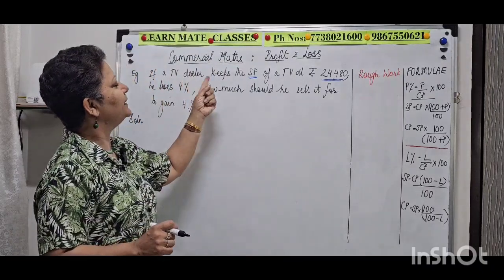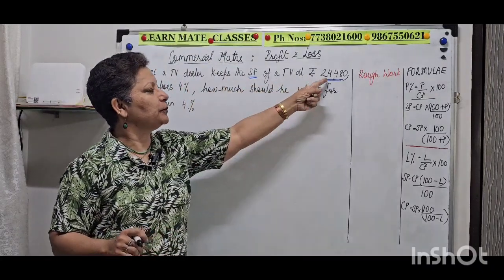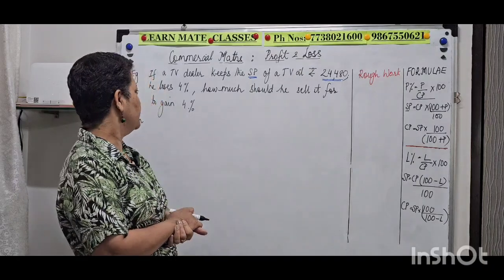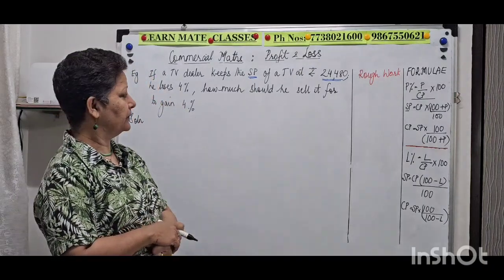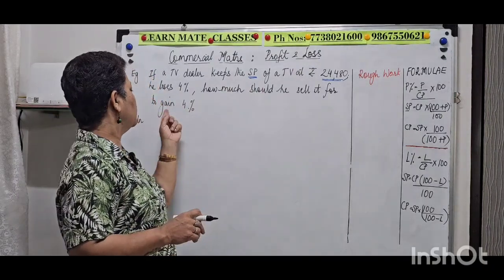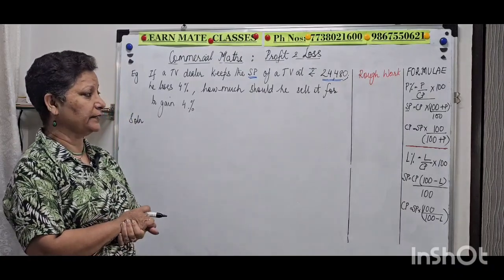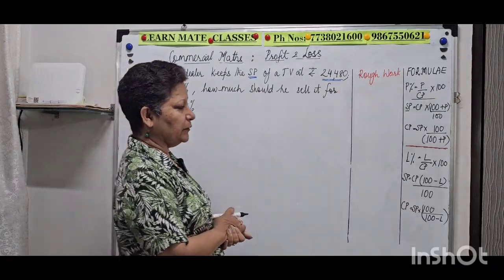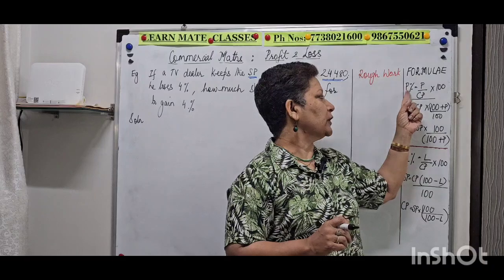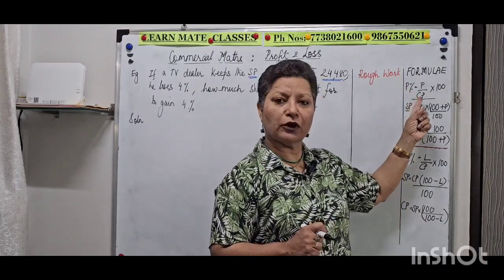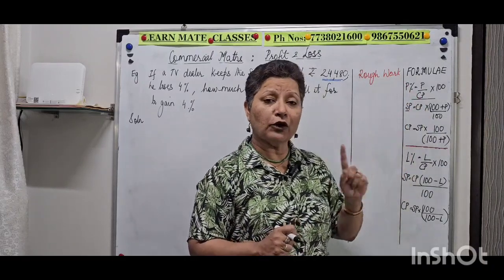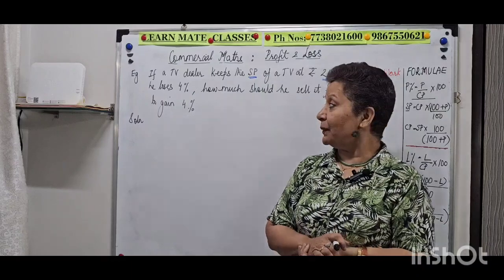If a TV dealer keeps the selling price of a TV at rupees 24,480, he loses 4%. How much should he sell it for if he wants to actually gain 4%? Now, all this time, if you remember, whenever we are talking about profit percent, profit is always on the cost price. Loss is again always on the cost price.